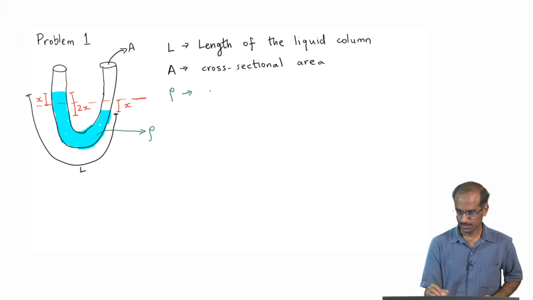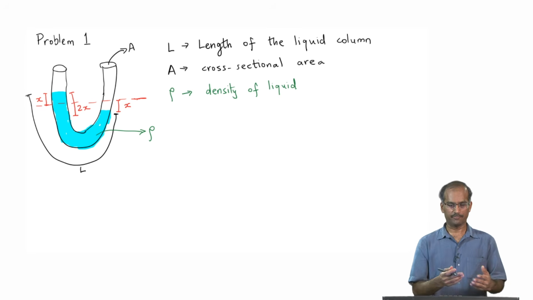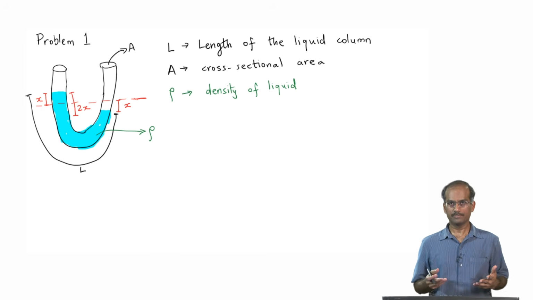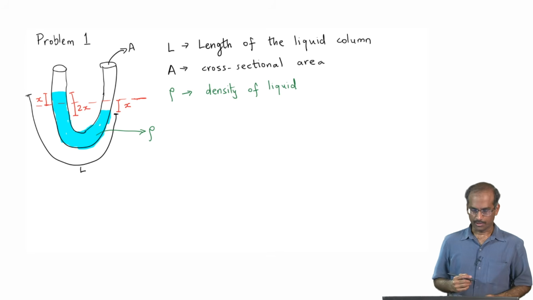So, this is the density of liquid in the U tube. So, I would like to know what is the time period of oscillation in the system if I set it to oscillate by depressing the liquid in one of the arms.